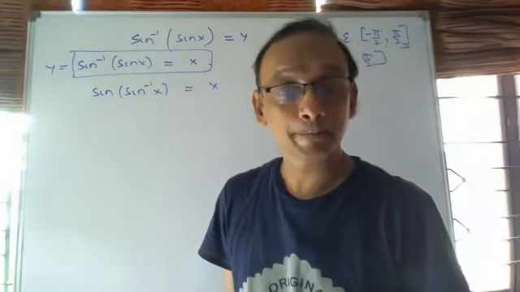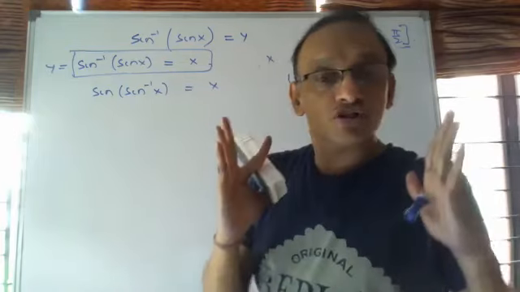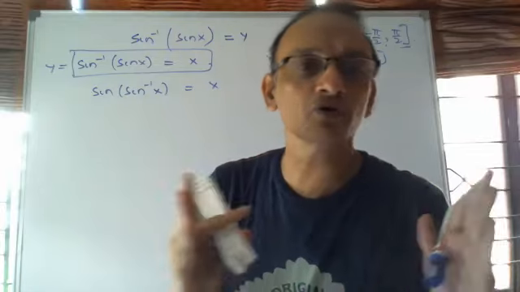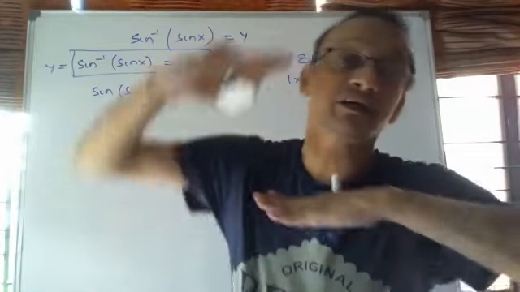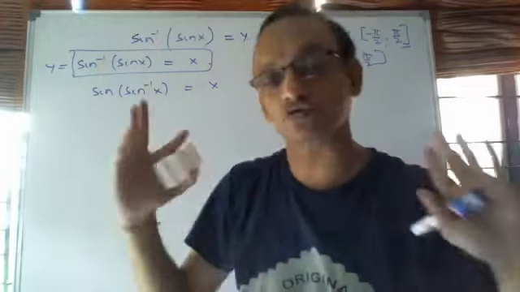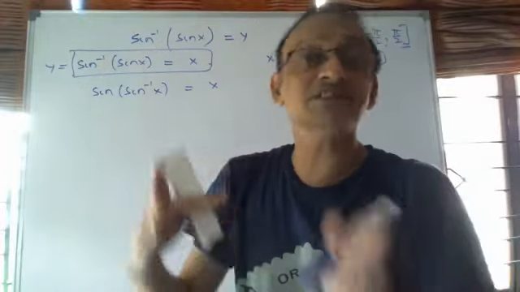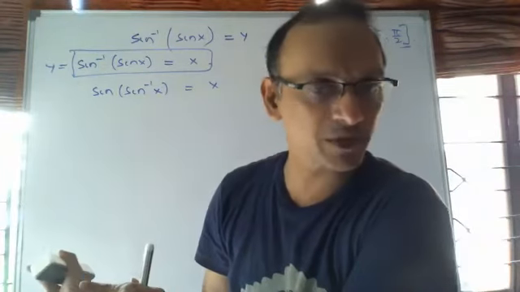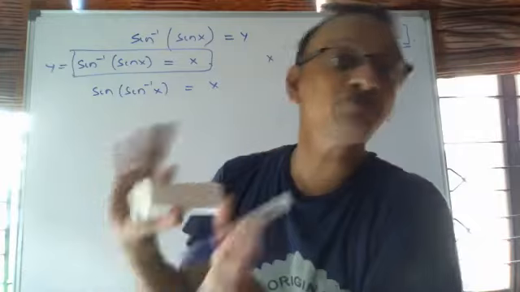So sin inverse x has domain mod x less than or equal to 1, x lying between -1 and +1. Its range, the principal value it assumes, is -pi/2 to +pi/2. Sin inverse sin x will be x only if x belongs to -pi/2 to +pi/2, otherwise you'll have to manipulate.